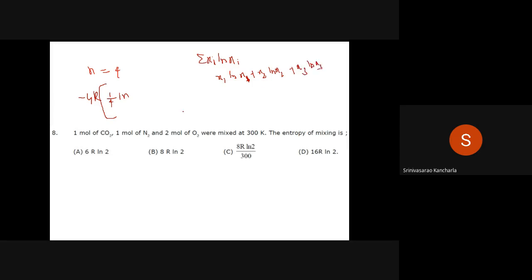So write it in terms of this: 1 by 4 ln 1 by 4 plus 1 by 4 ln 1 by 4 plus 2 by 4 ln 2 by 4. Now we just calculate this one.